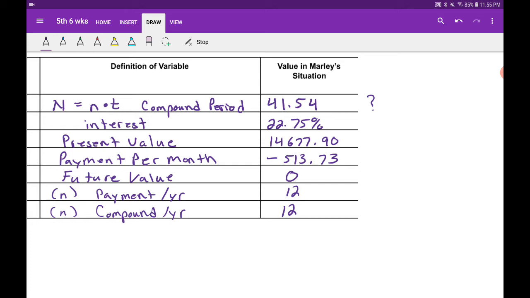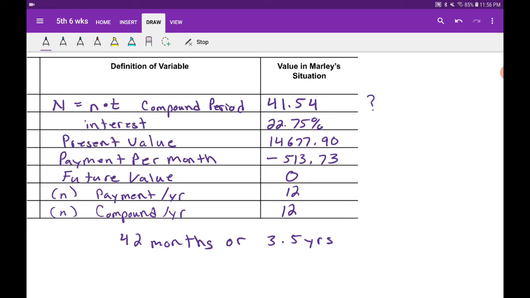Anything after that, we're good to go. So we're going to say it's going to take us about 42 months to get that paid off, or divide that by 12, it's 3.5 years just to get that balance down to 0.